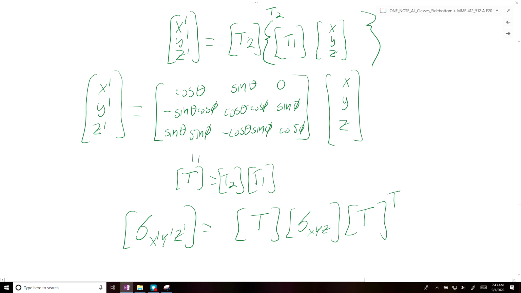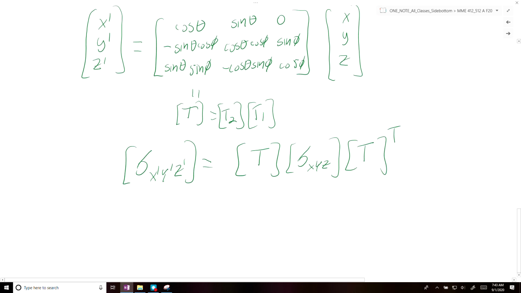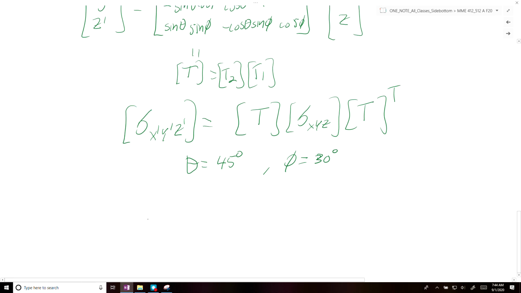If we plug in our original values of theta equal to 45 degrees and phi equal to 30 degrees, we get the following stress matrix.